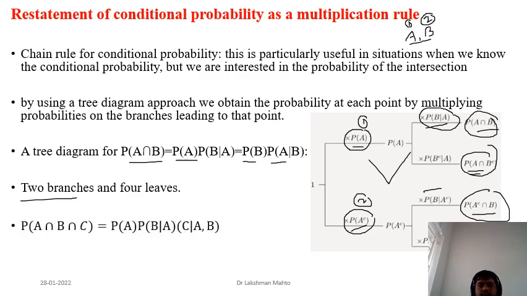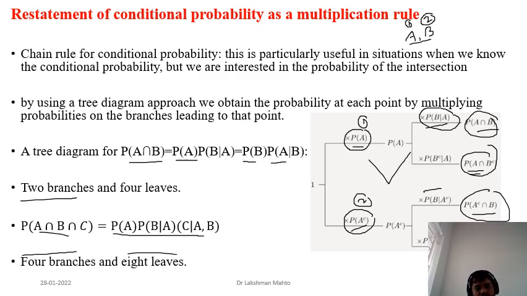If we increase the number of events, suppose we take three events A, B, C, then this conjunction or joint probability can also be calculated with the help of conditional probability. And here we will observe four branches and eight leaves. So in total, eight intersected or joint probabilities we can calculate with the help of conditional probability.